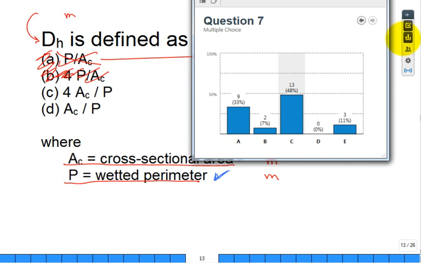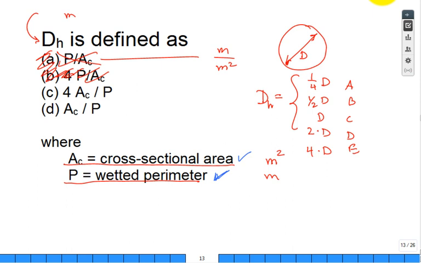Wouldn't it be confusing if the hydraulic diameter didn't equal the physical diameter if you applied the equation to a round tube? Anyway, it would be more confusing to the world. So if the hydraulic diameter equals the physical diameter for a round tube, what is the equation for the cross-sectional area of a round tube?